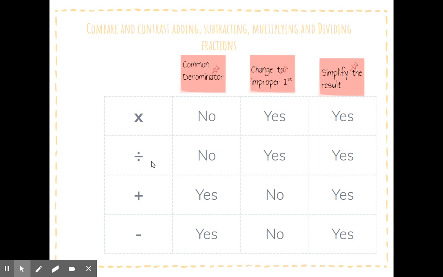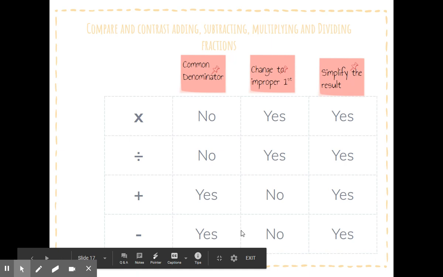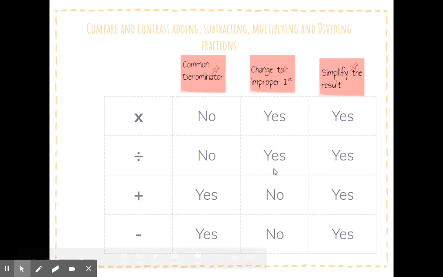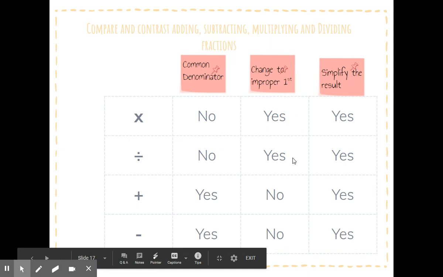But if there's a symbol for multiplying and dividing between the fractions, we don't have to deal with finding common denominators. That is why I would rather multiply fractions or divide fractions all day long than have half a day's worth of adding or subtracting fractions, because you do have to do that step of finding that common denominator before you can begin.